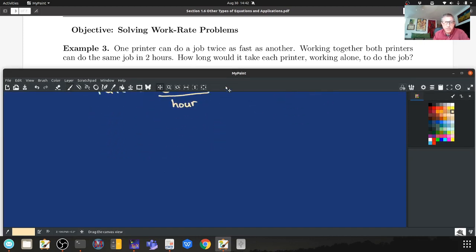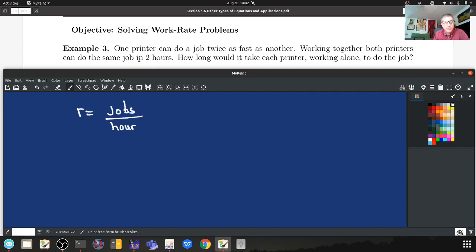So how are we going to do this one? Well, first we're going to read through it as always. We're going to make a table. And first, I guess what we have to do is find out what our rate is. And I've already told you it's going to be jobs per hour. That's our rate.